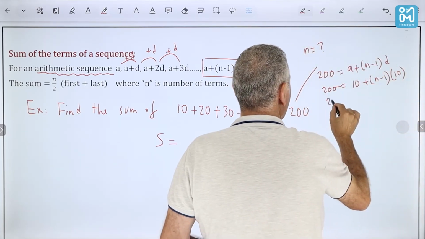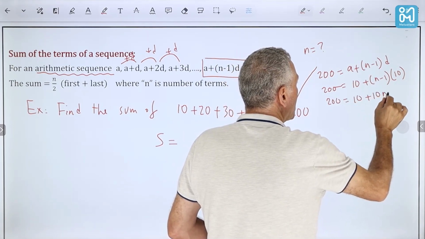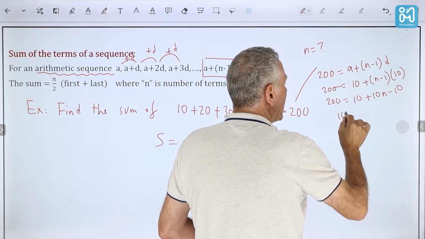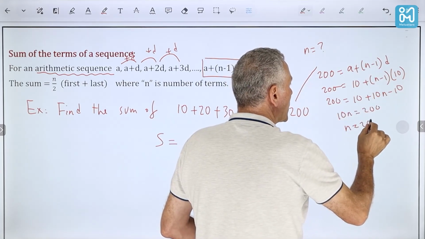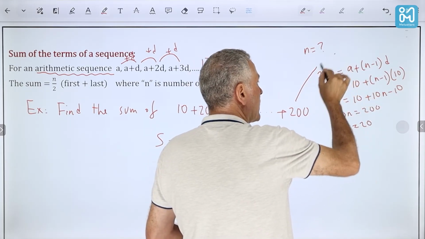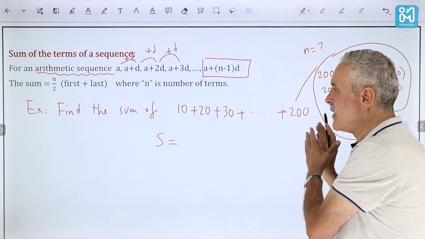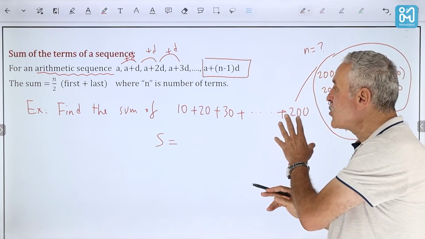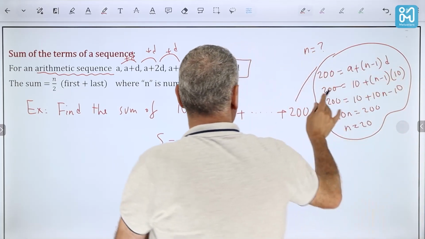So that is 200 equals 10 plus 10N minus 10. So 10N equals 200, divide by 10, N equals 20. That is if you have the terms of an arithmetic sequence and you couldn't find the number of terms in that sequence, you would do it this way.